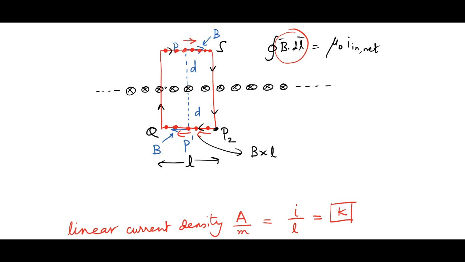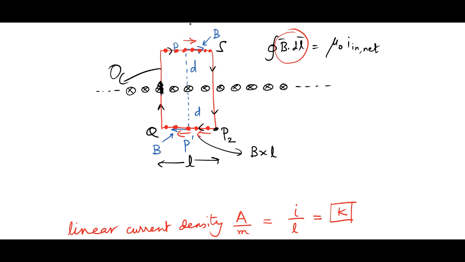Note that if we consider the dl bar over here, the place where the plane actually intersects this Amperian loop, if at all there is a contribution from B bar, it's going to be negligible. It's only there for that dl bar. Now we've got a 0 contribution from this.